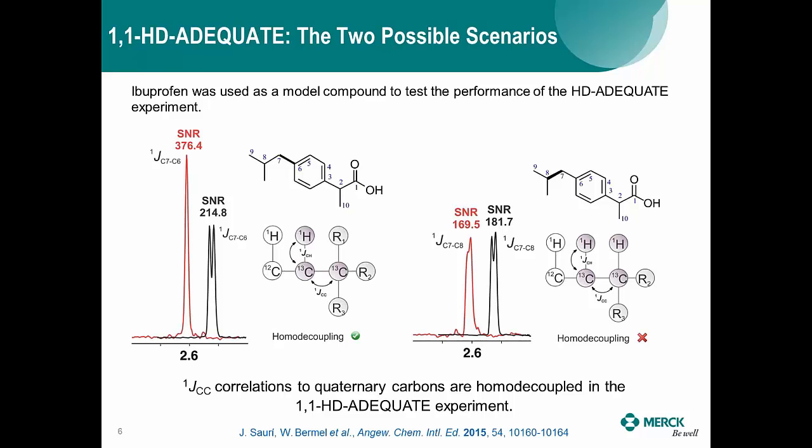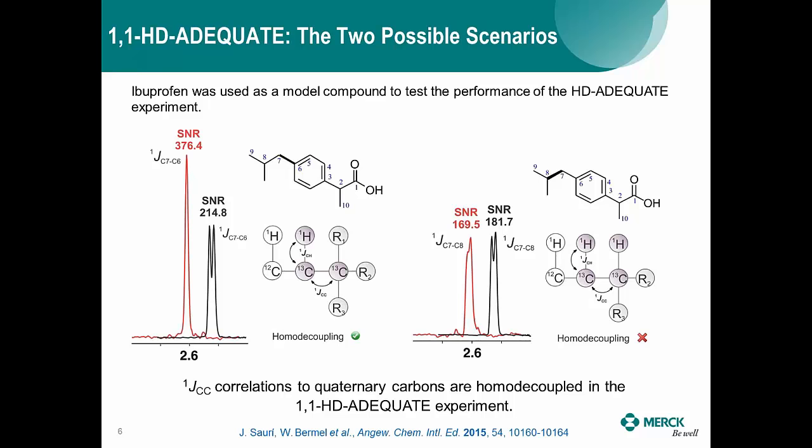So as you can see, everything collapses into a singlet, and thus we have an increase in the sensitivity. The other possible scenario, which is on the right, is if we look at the correlation between carbon 8 and carbon 7. These are two protonated carbons, so we are looking at this correlation that has these two protons attached to carbon-13. So we cannot remove that proton-proton coupling constant because the BIRD element is not able to distinguish protons that are attached both to carbon-13.